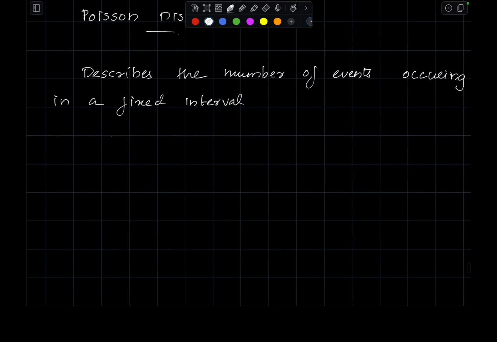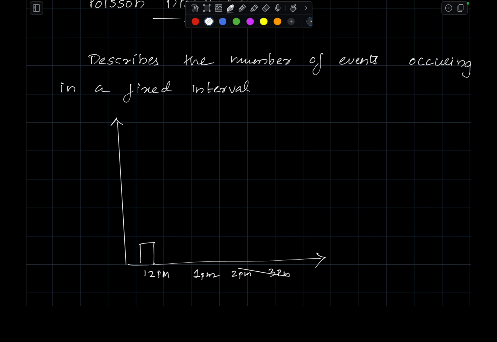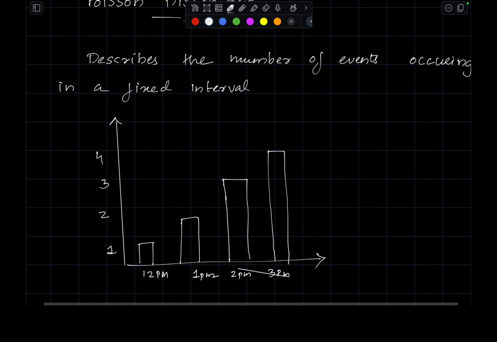So let's take the example which we covered earlier. Let's say we are taking time intervals like this, and the patients are coming in.